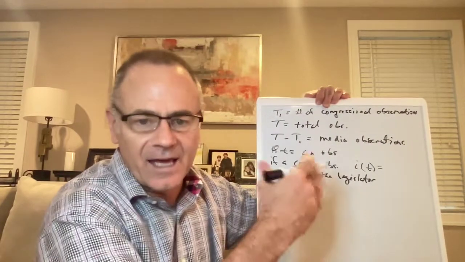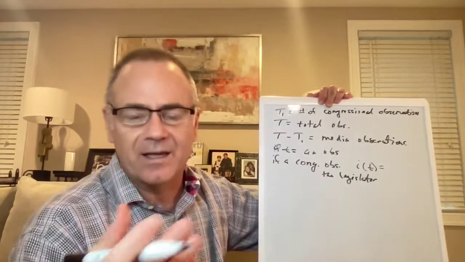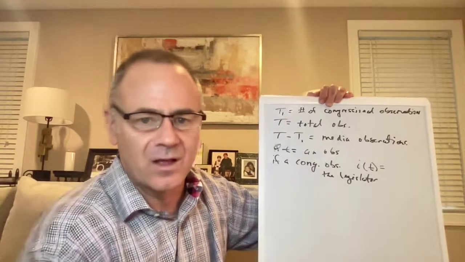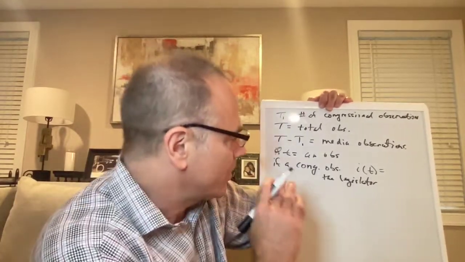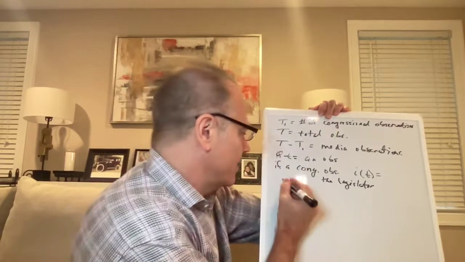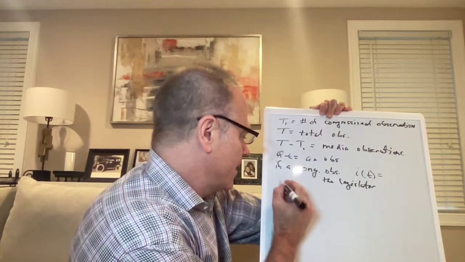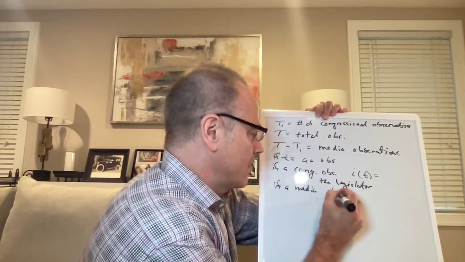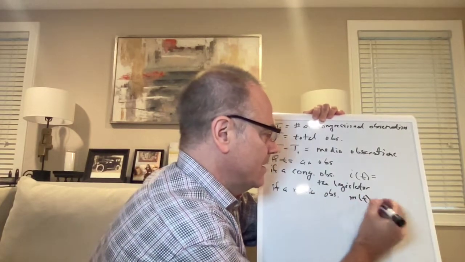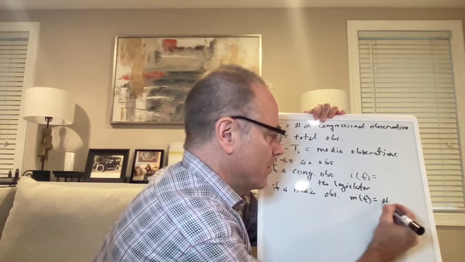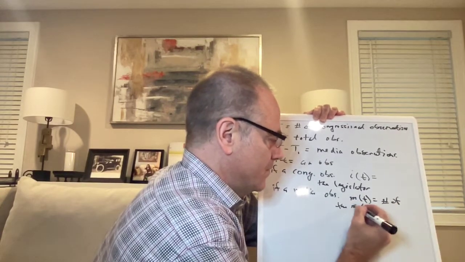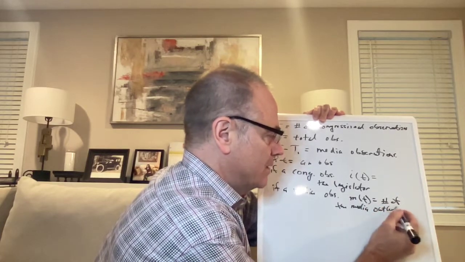And remember we have the ADA scores. Actually, it's the real ADA scores, or the adjusted ADA scores from my paper with Levitt and Snyder. For a congressional observation, that's I of T. If it's a media observation, M of T equals the number of the media outlet.